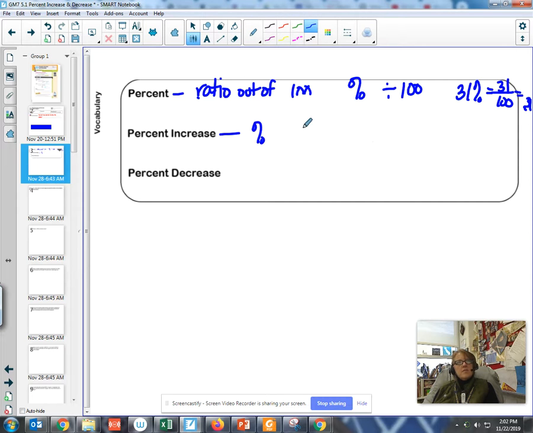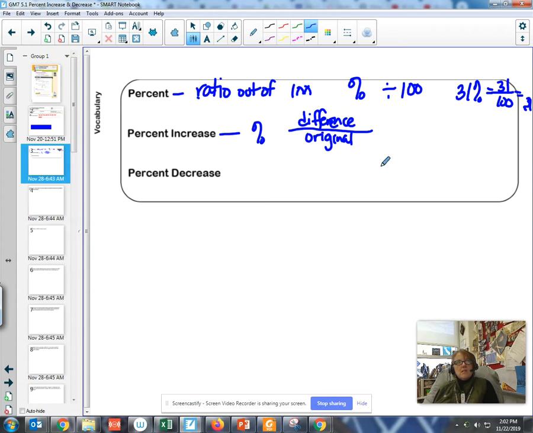So instead of writing how much something changed, I'm going to ask you to find the difference from the start. Oh man, I can't spell. Find the difference and then divide by what the original amount was. Okay, how much did it change and where was I starting from? And in this case, a percent of increase is something that went up.